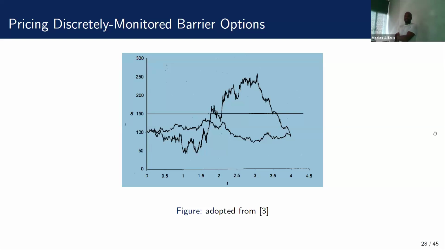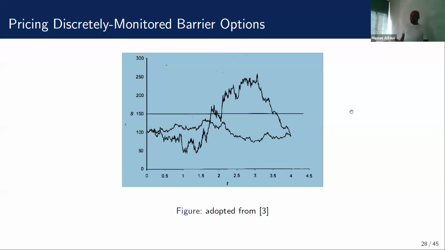So now that sets an extra condition. You want to know at maturity whether you have touched that barrier or not before expiration time. And here the capital T is going to be 4 in this case.